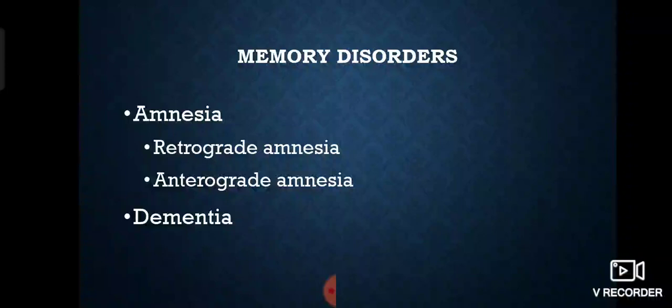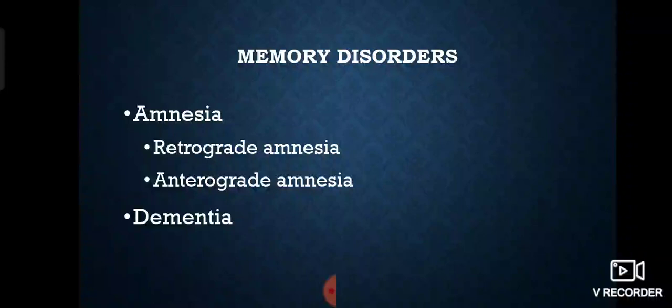Retrograde amnesia refers to the inability to remember information or experiences prior to an accident that caused the brain damage or the traumatic experience. Again, if a person is suffering from retrograde amnesia, they are unable to remember information or experience prior to the accident that caused the brain damage or the traumatic experience.